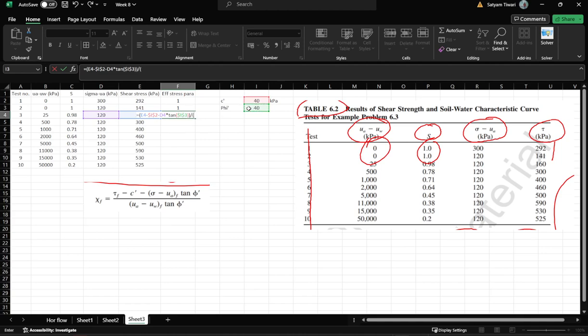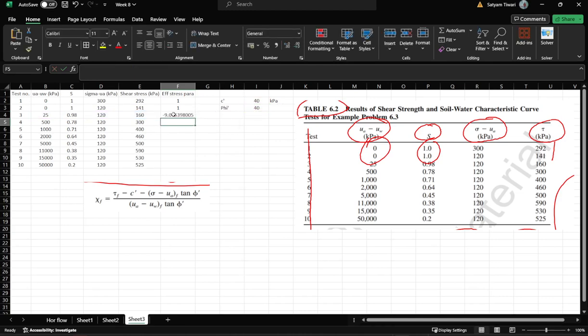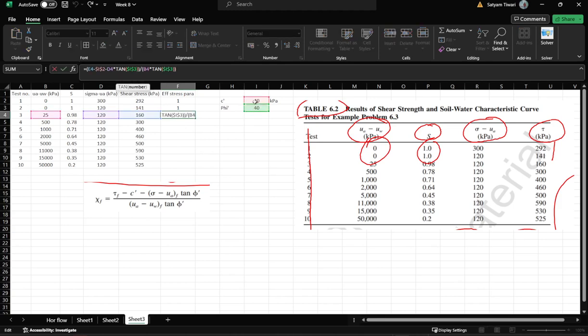So in the denominator we have ua minus uw, multiply tan of phi dash. Here again we need to change these degrees to radians.